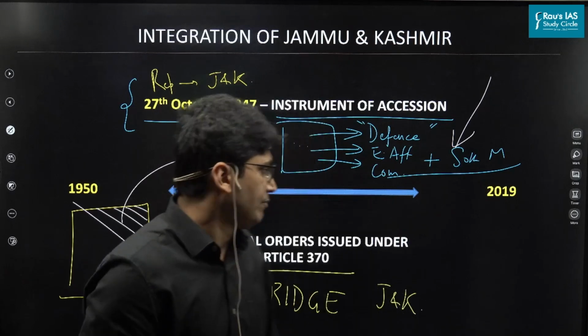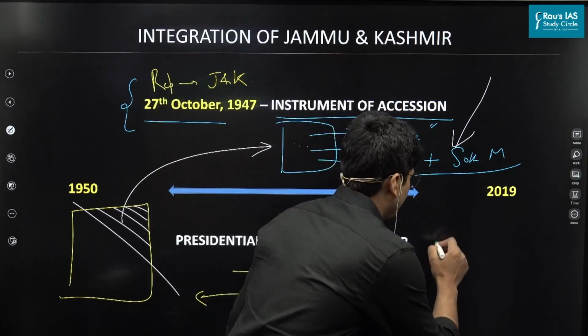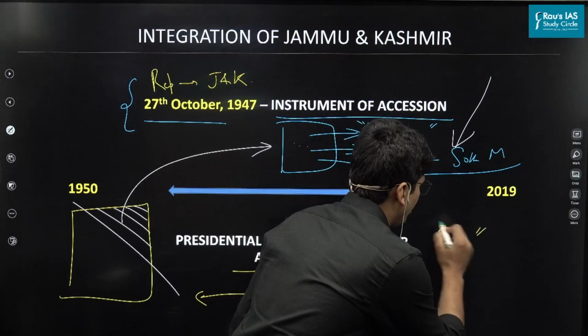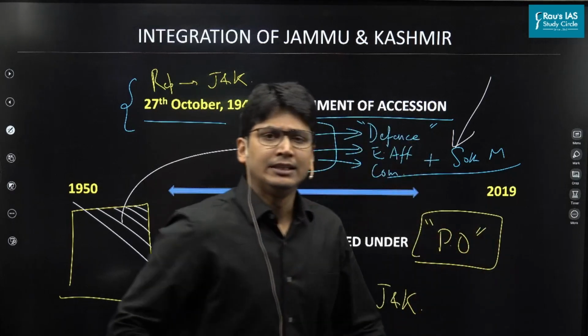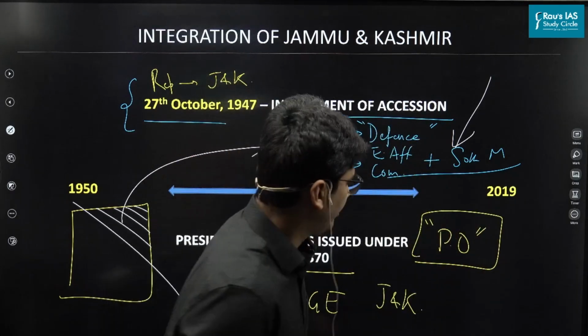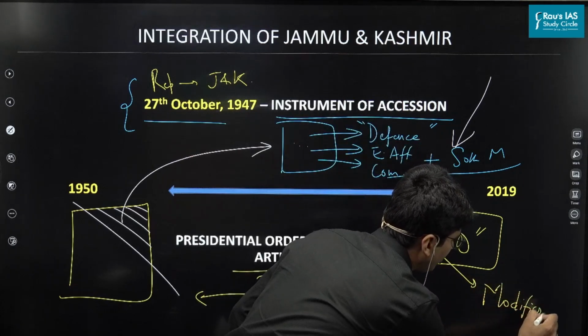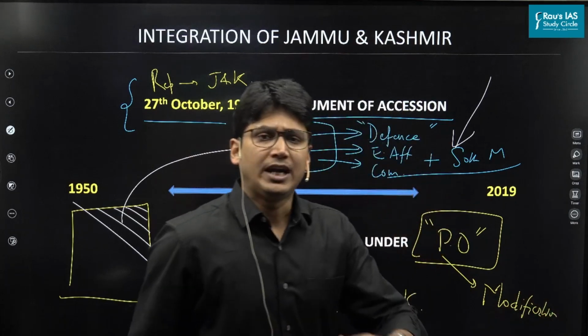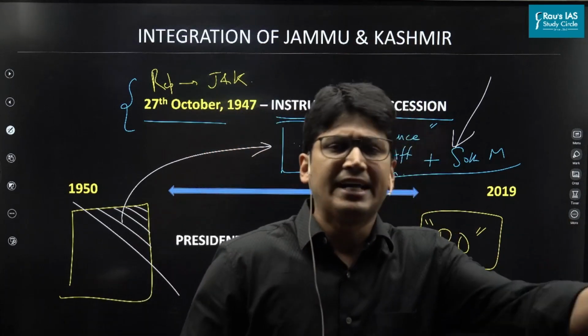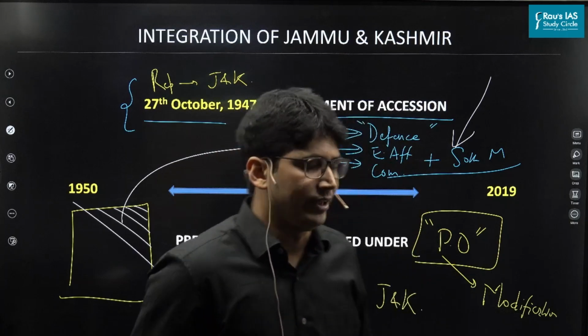However, there was another provision with respect to presidential orders. That is, the President can issue a presidential order for modification of any provision of the Constitution of India so that such provision can be applied to the state of Jammu and Kashmir.